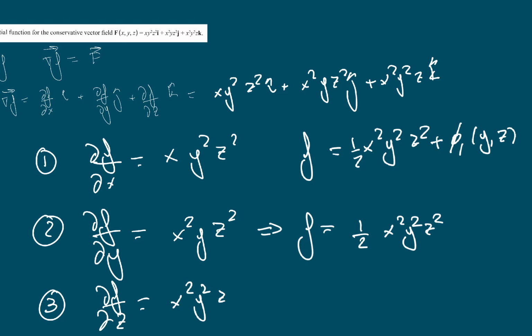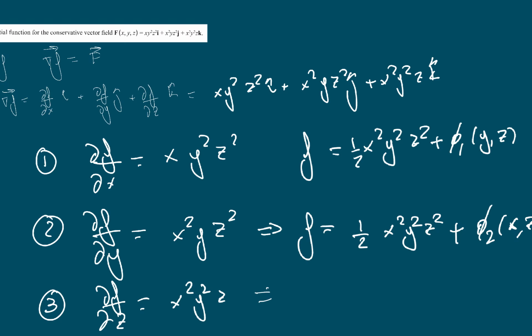So for the moment, this is a potential expression for the potential function. Also, if I add another function that depends on x and z, it will not change anything, because the partial derivative with respect to y of this expression will be 0.